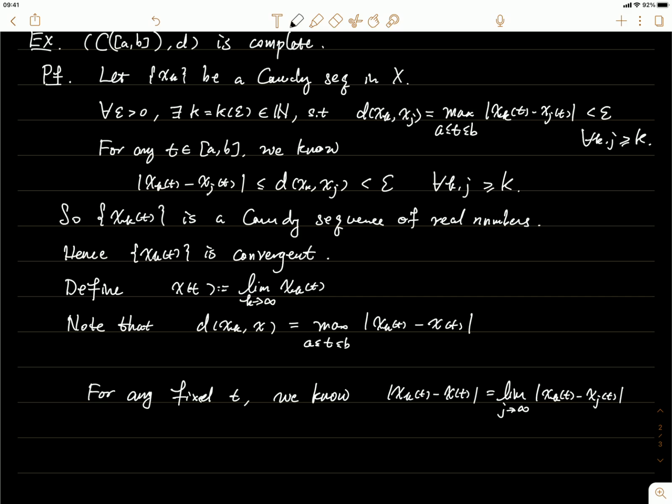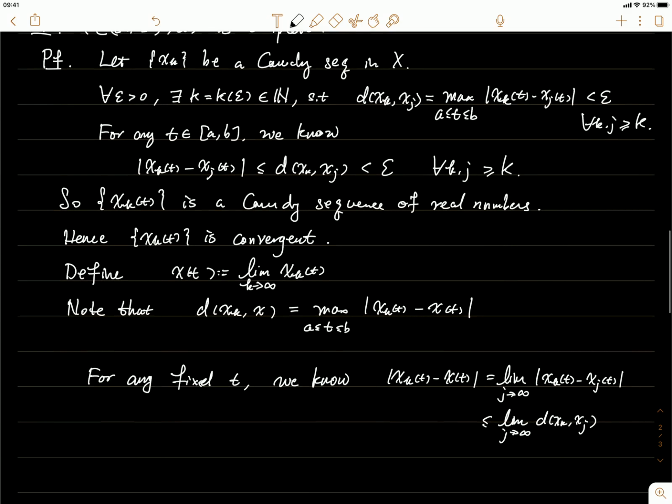And I know that the right-hand side is less than or equal to, if I just ignore the limit for the inside, the distance between xk and xj. Just taking the limit.